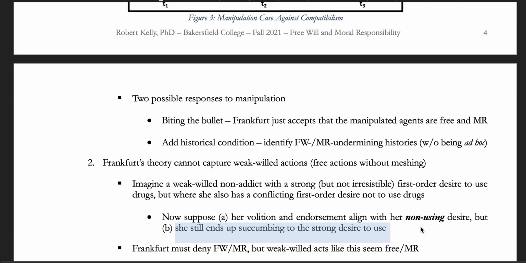This happens, right? Most people think that weak-willed actions can be free and responsible, because it's not like you have a mental disorder or are suffering from some chronic compulsion, like a severe addict. People perform weak-willed actions all the time. We say we're going to do something, we think about it, we actually believe that some particular action is the best thing to do, and then we end up not doing it.